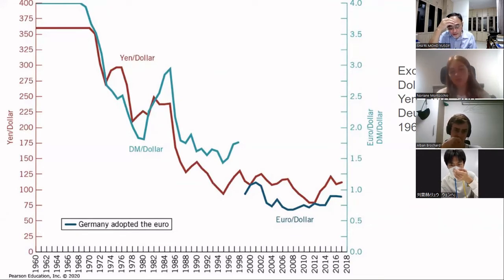Currencies continued to fluctuate until the end of the 20th century and into the new century. You can see the changes in the dollar's value against the Japanese yen and the German Deutschmark, which has now been discontinued.